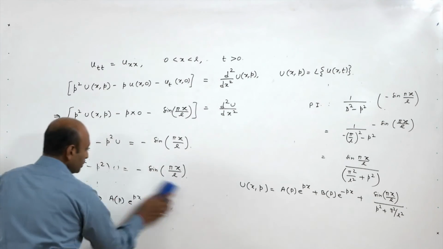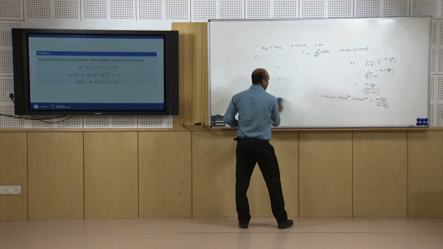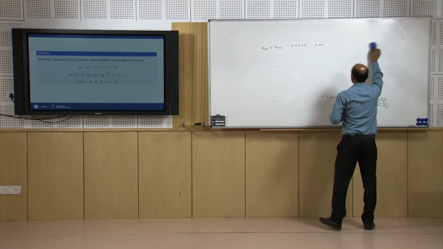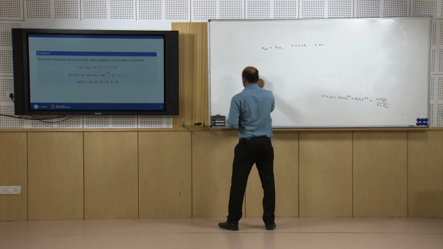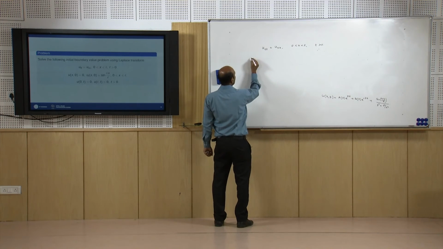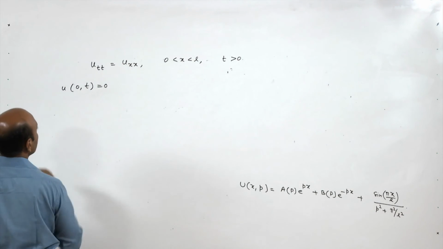Now we will use the other conditions given to us to calculate A_p and B_p. To calculate these functions, we will use the other conditions. Now what are the other conditions? Now u(0, t) is equal to 0.